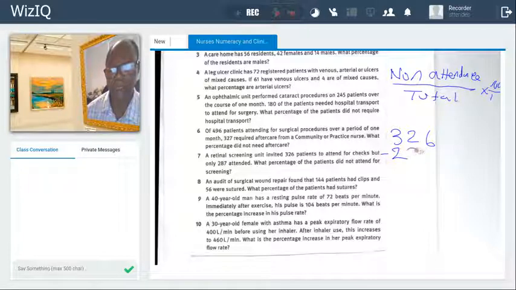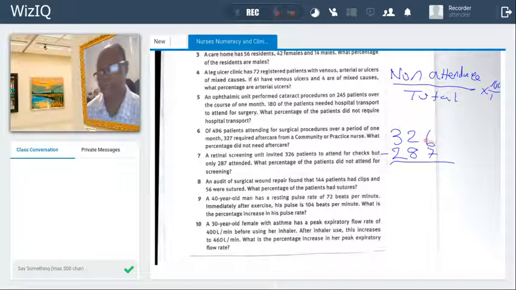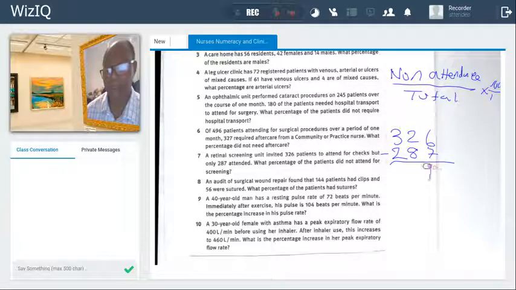So these are the ones who came. Okay, it's 287. 6 take away 7 is not possible. So we borrow 1 from here, which is 10. 10 plus 6 going to be 16. 16 take away 7, it's going to be 9.